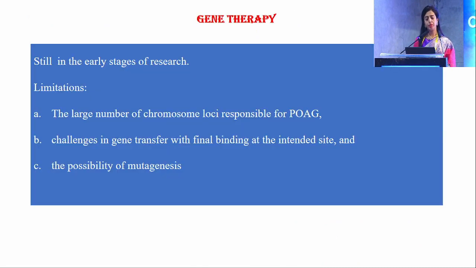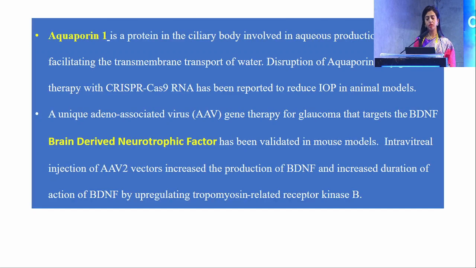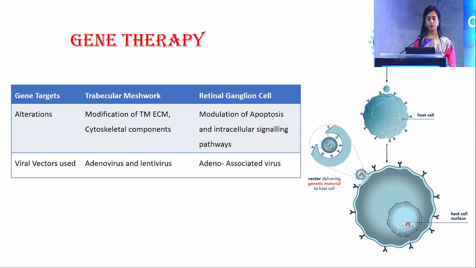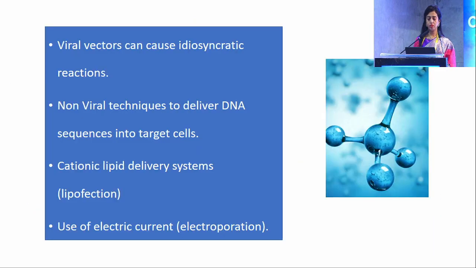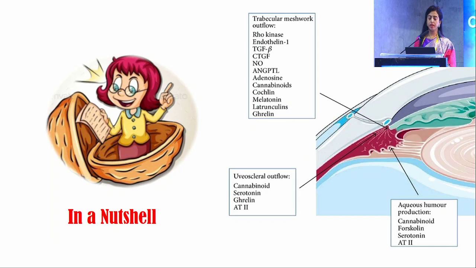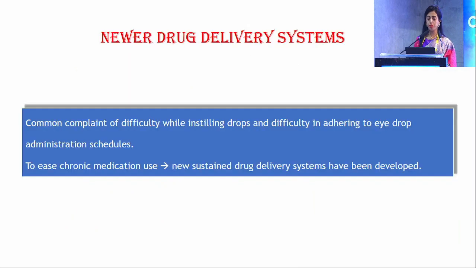Gene therapy is the latest thing. Aquaporin and brain-derived neurotrophic factor are being tried now. In a nutshell, the newer medications help in increasing the trabecular meshwork outflow, the uveoscleral outflow, and decreasing aqueous humor production.